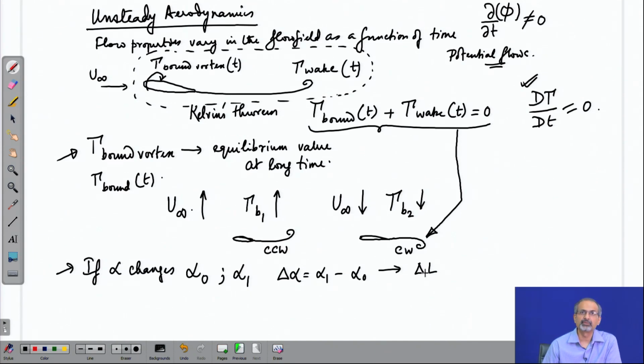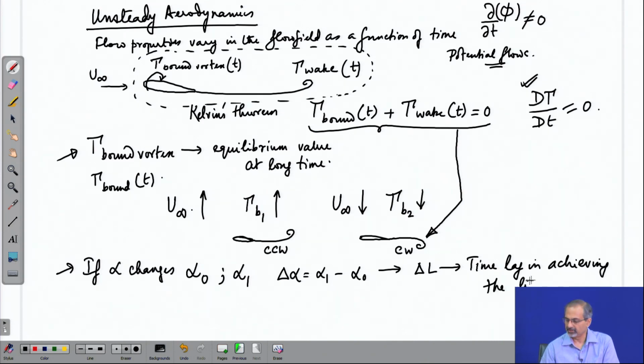Again, that will not be achieved instantaneously. There will be a time lag in achieving the lift change, say lift increase if alpha 1 is greater than alpha naught. So, that again is a time dependent phenomenon.